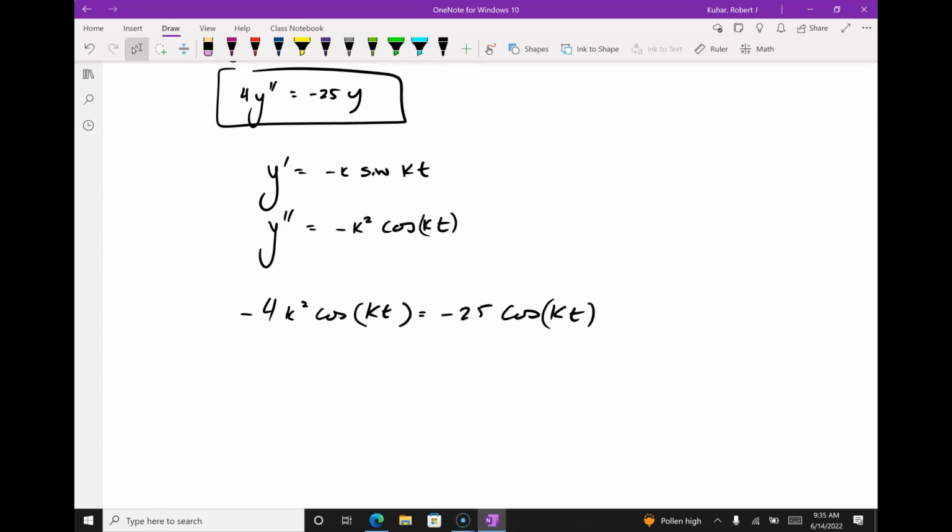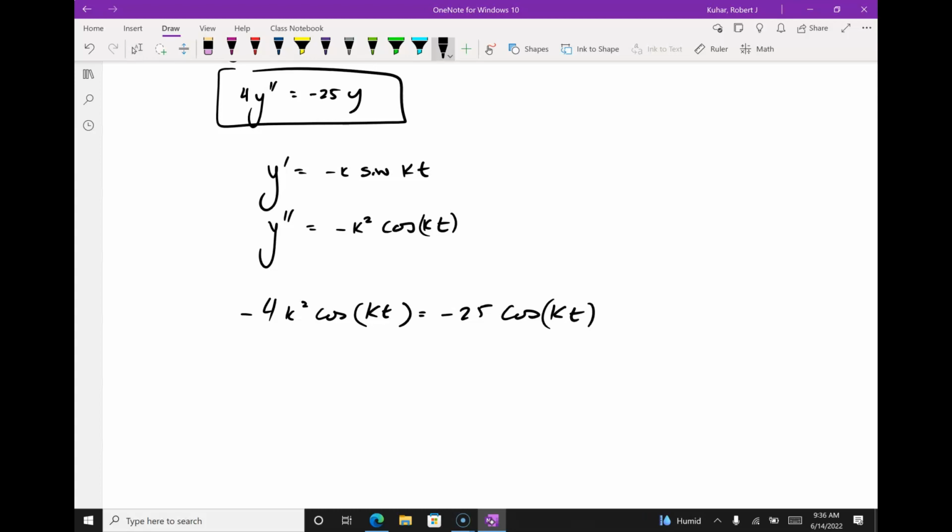So it looks like I have something that's factorable, so I'm probably going to do that. But we're trying to figure out what we get for k, right?